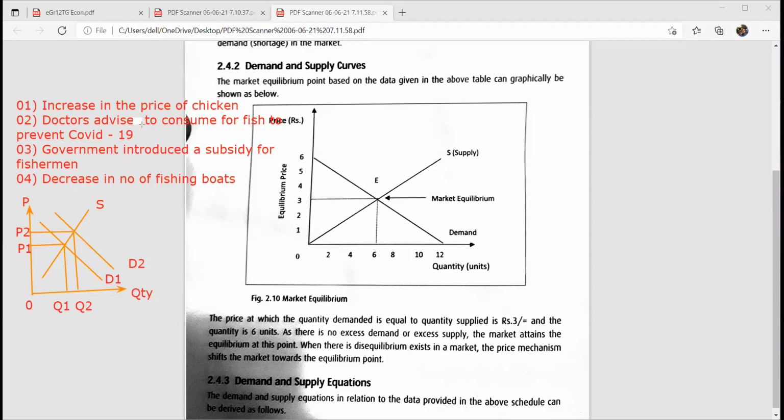Then once again the same diagram. Demand increases, demand curve shifts to the right. Same thing, but you have to explain. Higher demand, then the increase in demand means the demand curve shifts to the right.